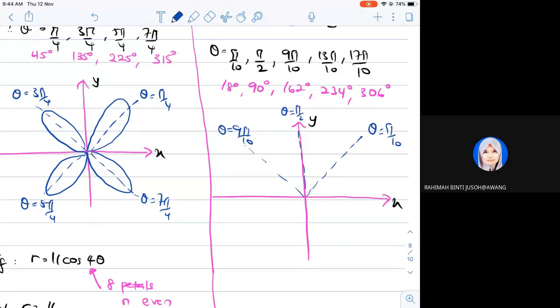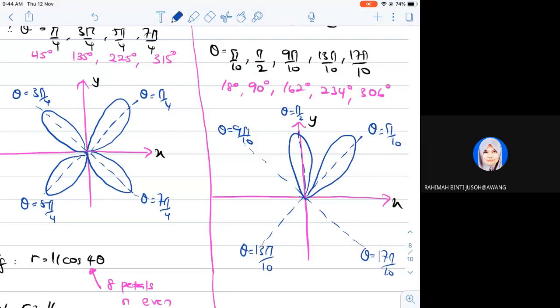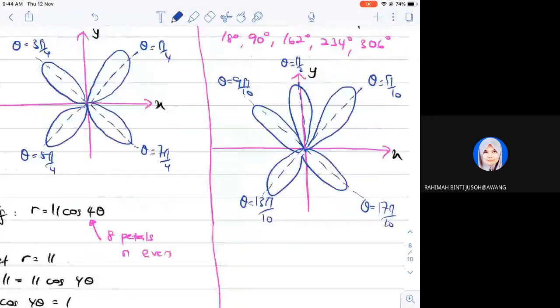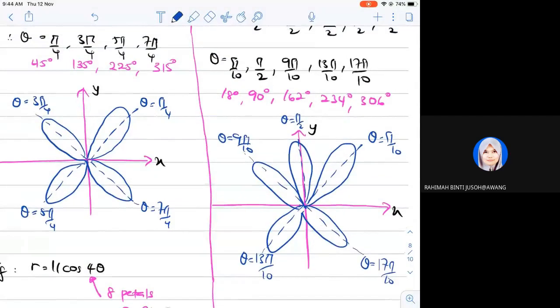And then 234, so here theta equals to 13 pi over 10. And then the last one, here theta equals to 17 pi over 10. So now this is the roses. Okay, guys, that's it. Understand? 4 roses.